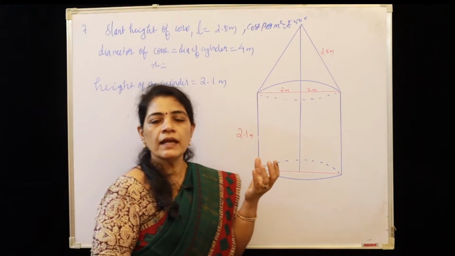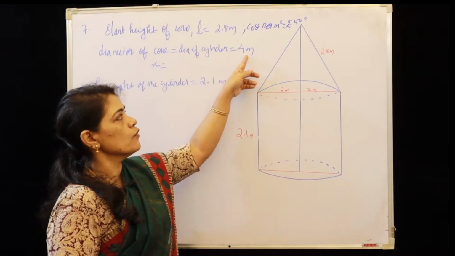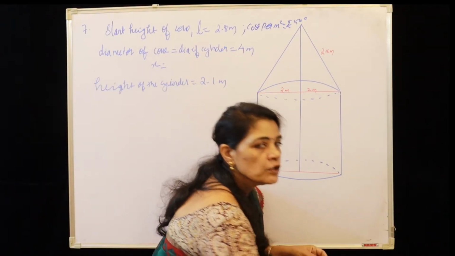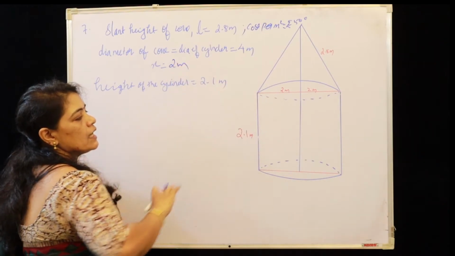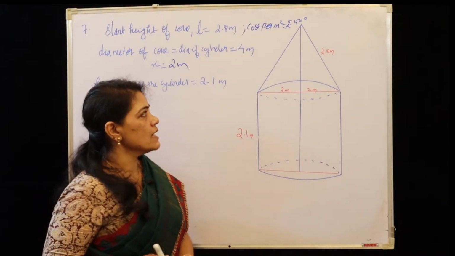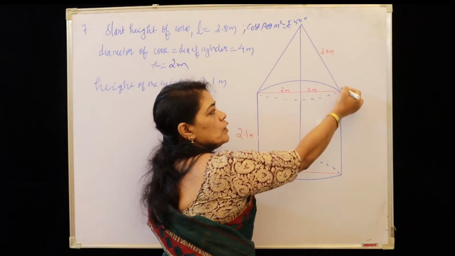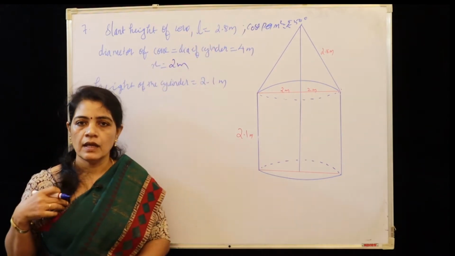So the radius will be half of it. Since the diameter is 4, the radius is equal to 2 meter. And the height of the cylindrical portion is given as 2.1 meter, and the slant height of the cone is given as 2.8 meter. What is asked?